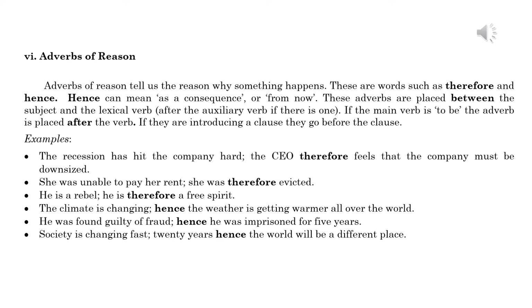The climate is changing. Hence, the weather is getting warmer all over the world. He was found guilty of fraud. Hence, he was imprisoned for 5 years. Society is changing fast. 20 years hence, the world will be a different place.